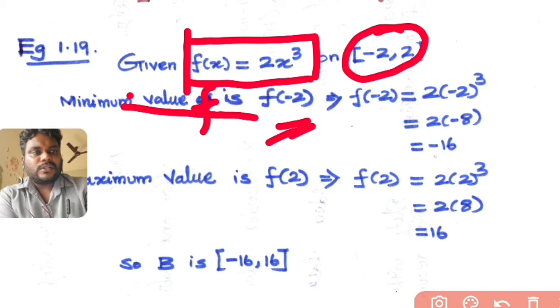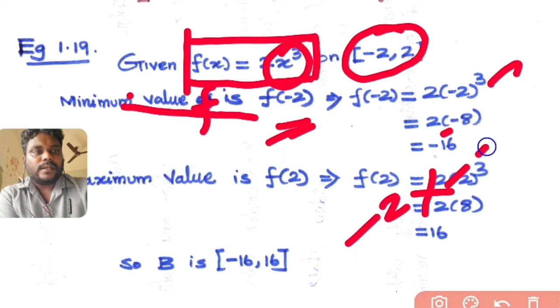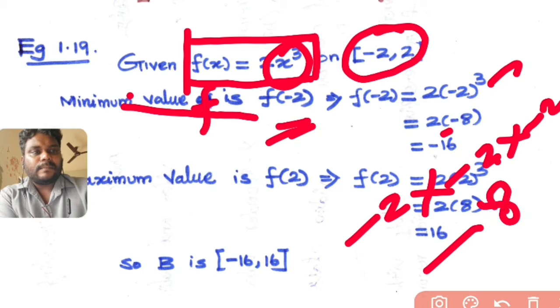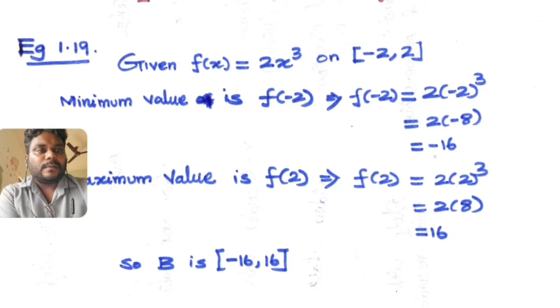Then f of -2 equal to 2 into -2 cube, so 2 into -2 into -2 into -2. Minus into minus is plus, plus into minus is minus, 2 2s are 4, 4 2s are 8. Therefore that value is -8, so 2 into -8 is -16.